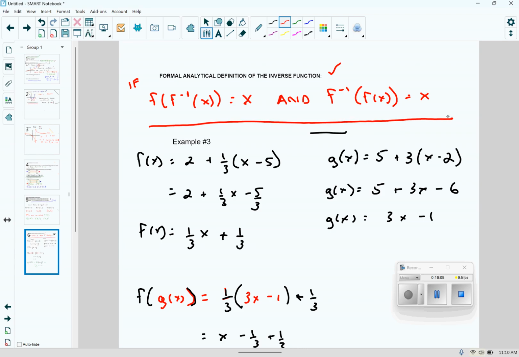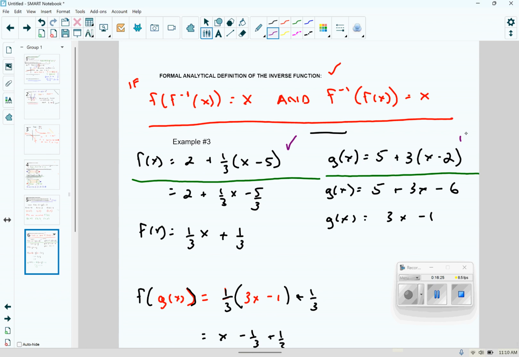So here's example number 3. I have this linear function right here, f of x equals 2 plus 1/3 times (x minus 5), and this guy right here, g of x equals 5 plus 3 times (x minus 2). First thing I'm going to do is write these two linear functions in slope-intercept form.